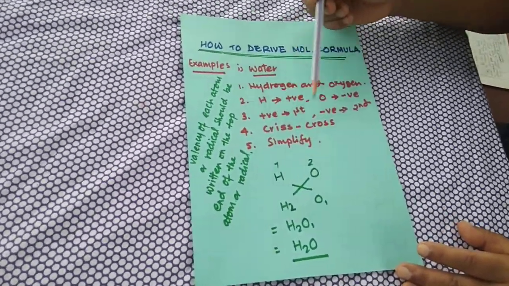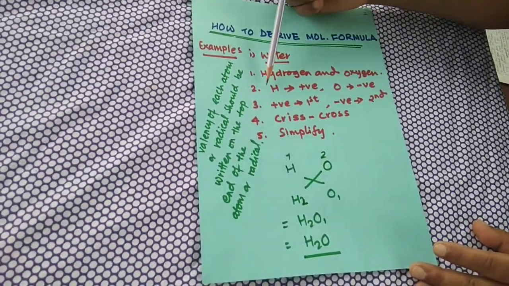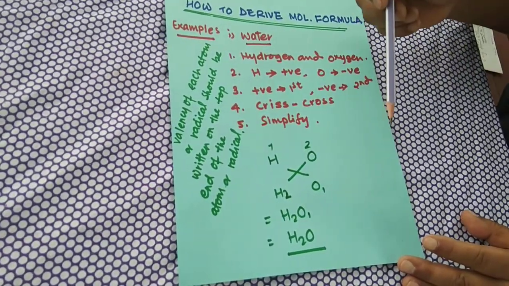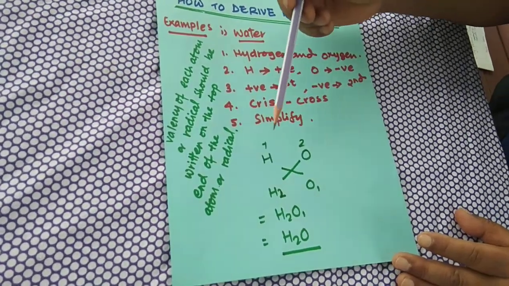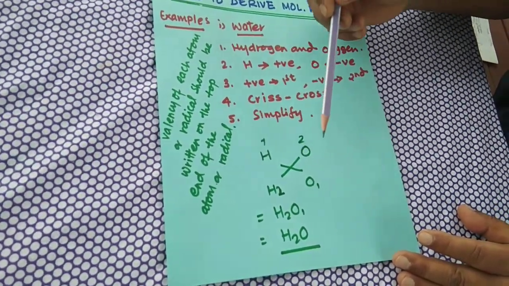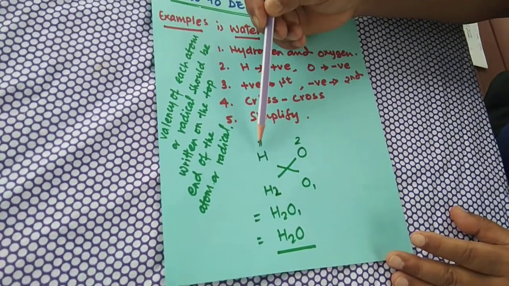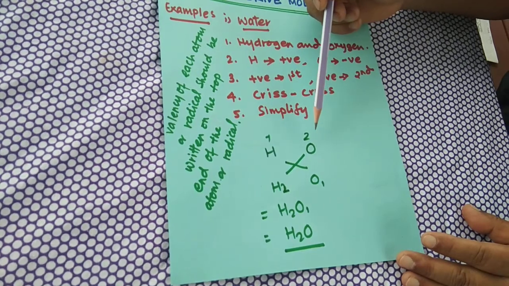Then you must know the symbols, and first we write the positive element symbol, and second we write the negative element symbol. We write H first and O second. Hydrogen's valency is 1, oxygen's valency is 2.